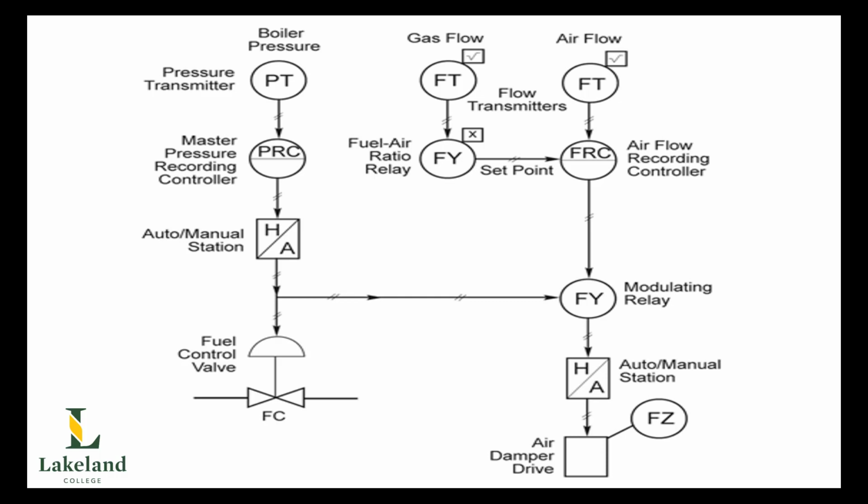That flow recording controller is going to see the inputs from gas flow and airflow transmitters and see what the relationship is between them. If that ratio now no longer matches, like it won't when we have an increase or decrease in steam demand, the FRC will generate an output through the modulating relay, and that will then adjust our air damper drive.